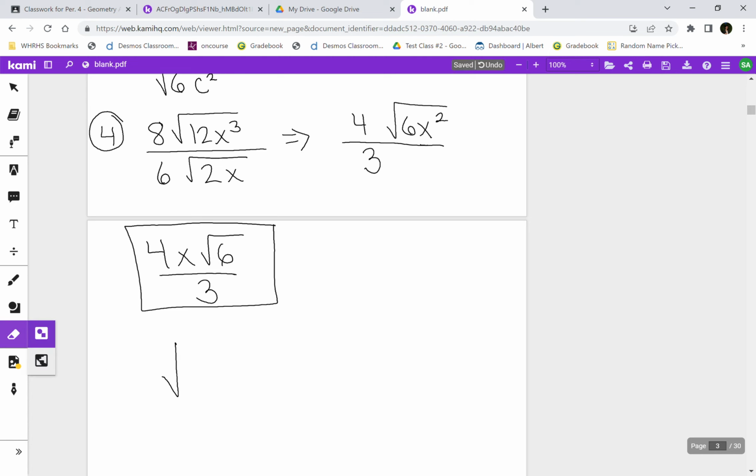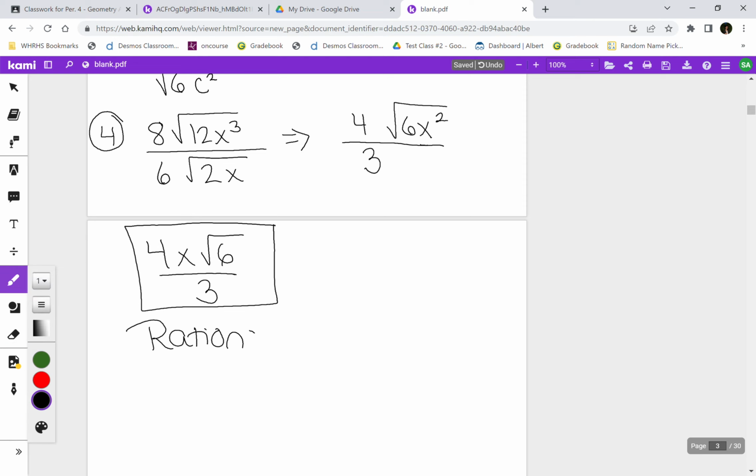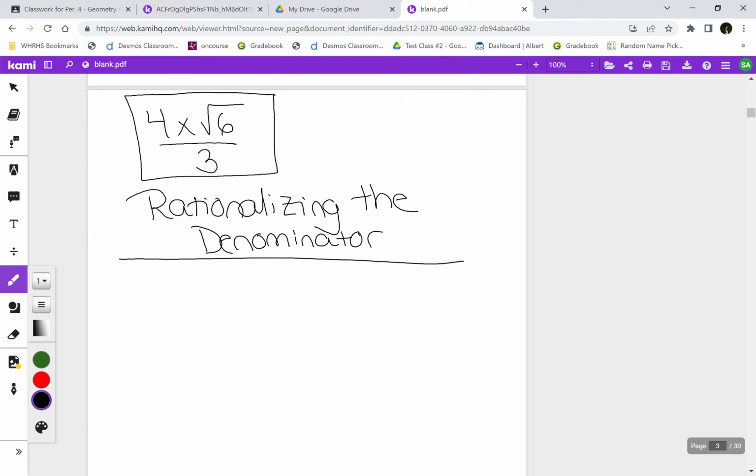Oh, hold on. Now let's talk about rationalizing the denominator. You guys should have spent a decent amount of time on this in Algebra 1 and in geometry last year. Okay, what makes this illegal? What's wrong with it? Excellent.